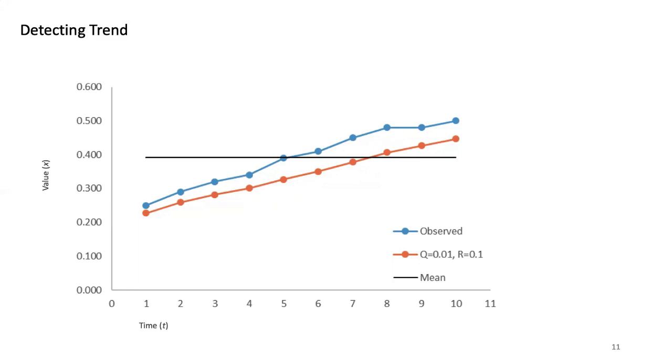The mean doesn't change because it's just the mean of the 10 values, but the Kalman filter is picking up on that trend to say, okay, there's something actually happening, as the new data comes in, we're actually moving up. So what I'm trying to illustrate here is you could use a Kalman filter to reflect that trend in your data if the trend is actually there.